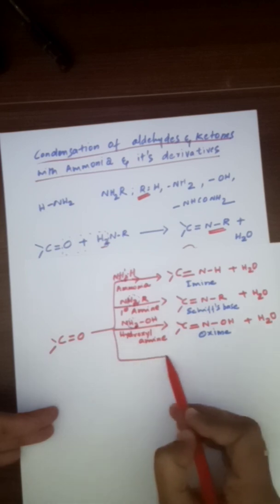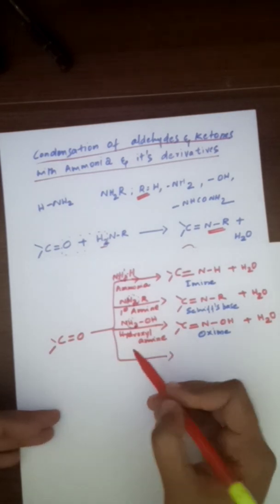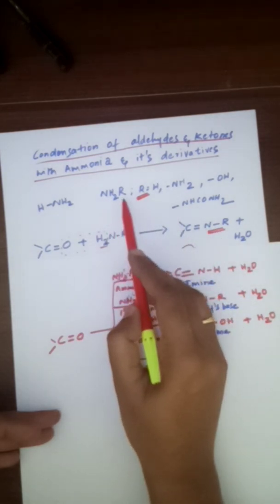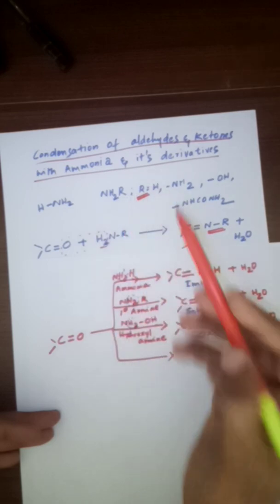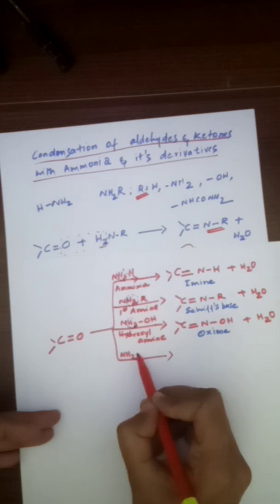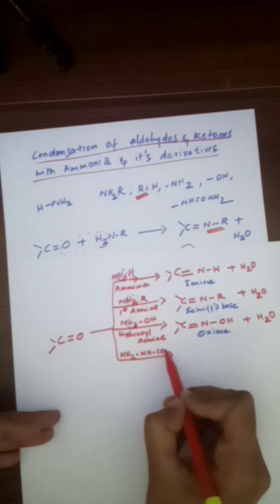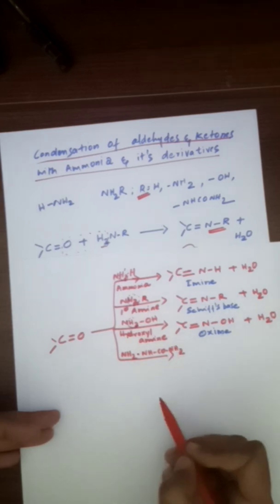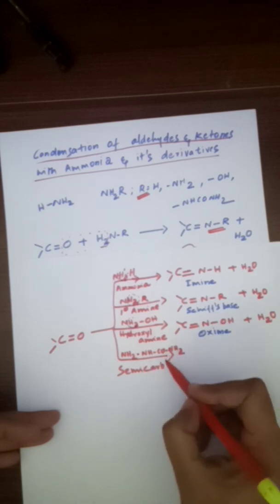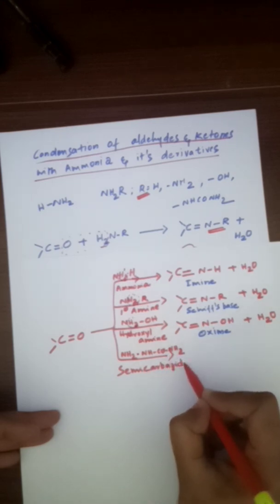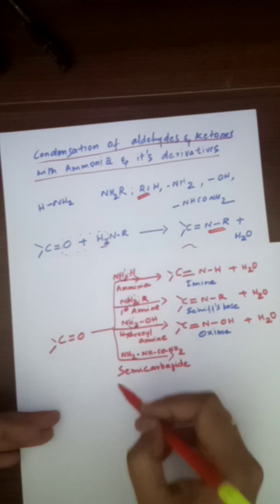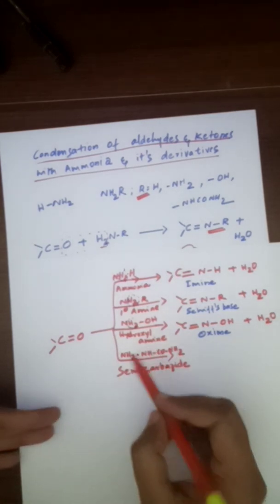Now let us consider one more, where I am going to replace R with CONH2. Let us see what it is. I am going to write NH2NHCONH2. This is known as semicarbazide. So when this undergoes reaction with semicarbazide, what will be the product here?